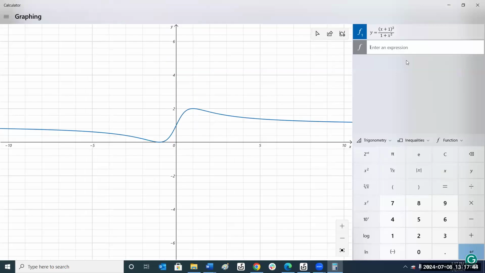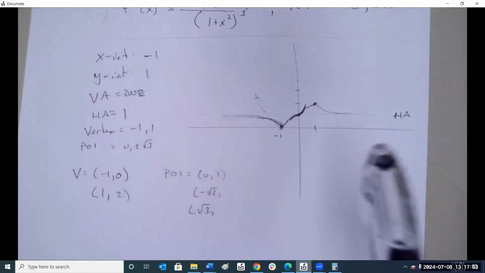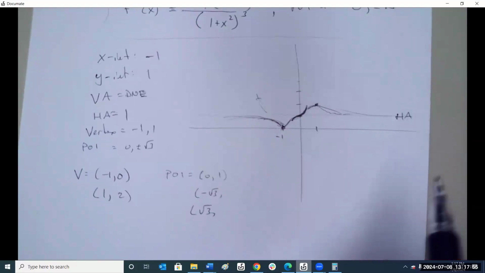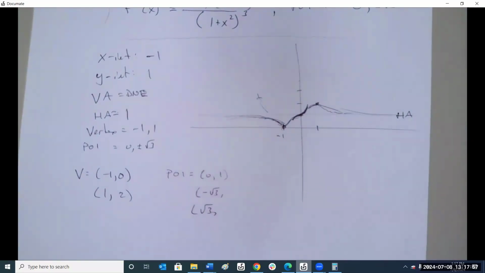Yeah, that's right, which is what I agree. But it has to eventually go to that horizontal asymptote.